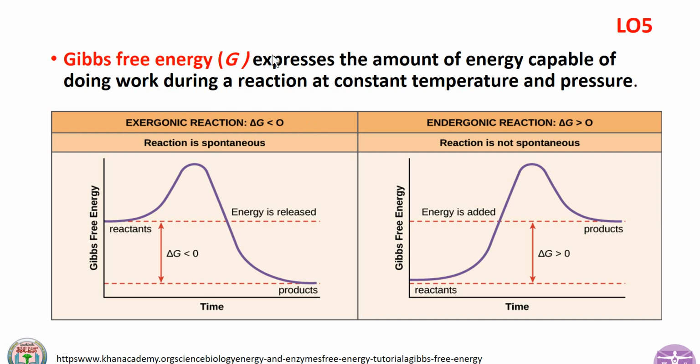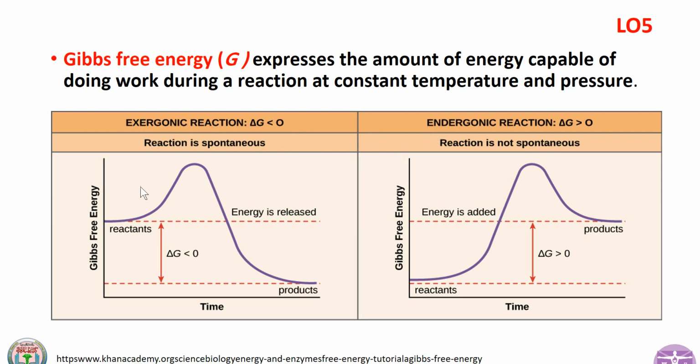It expresses the amount of energy capable of doing work during a reaction at constant temperature and pressure, and this could be the change in the free energy, the delta G, either below zero, which is minus, or above zero.